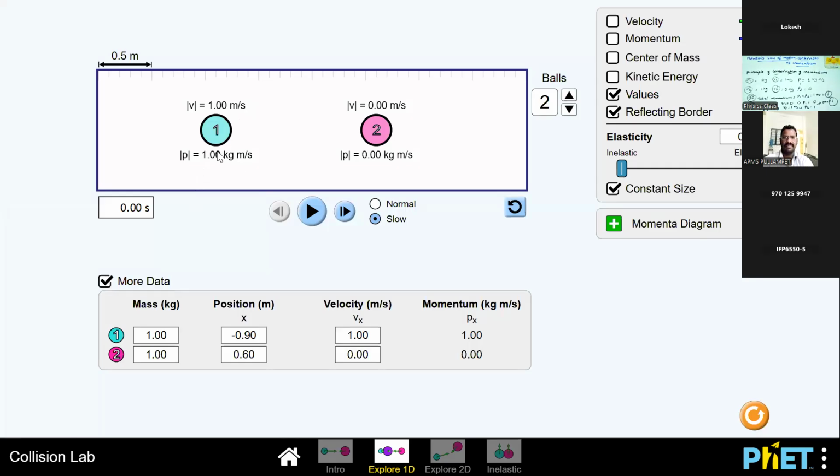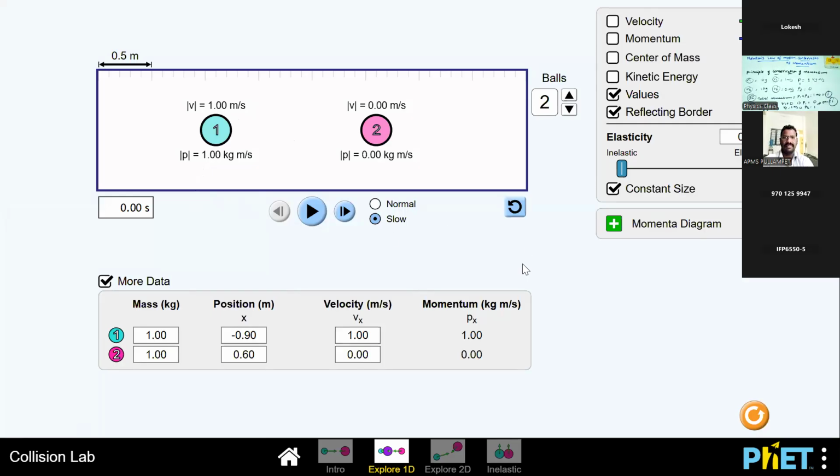For the second object, mass into velocity, there is no velocity, so momentum 0 kg meter per second. This is before collision. So total momentum is 1 kg meter per second.